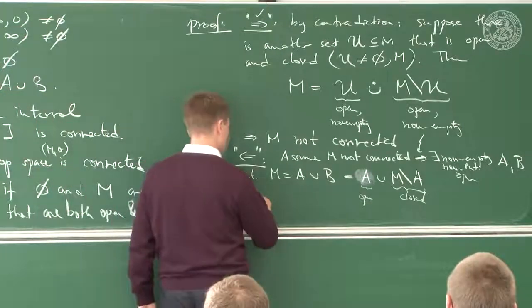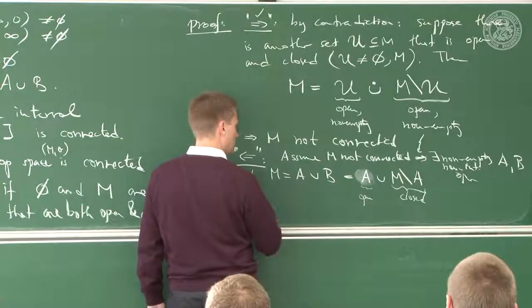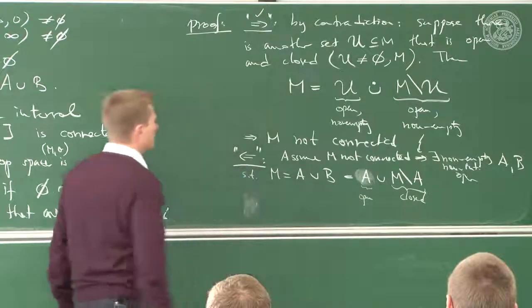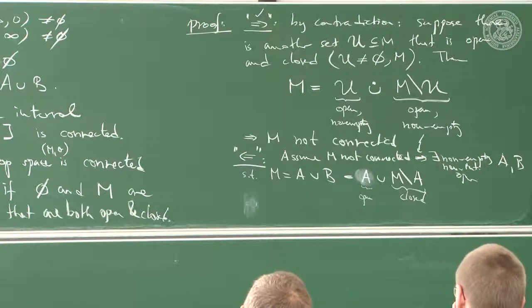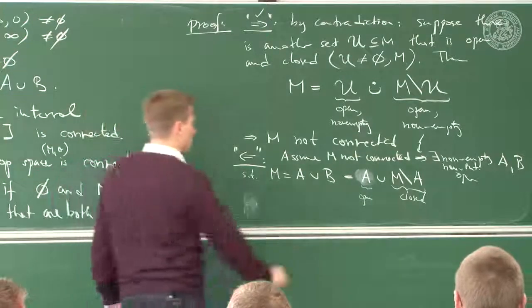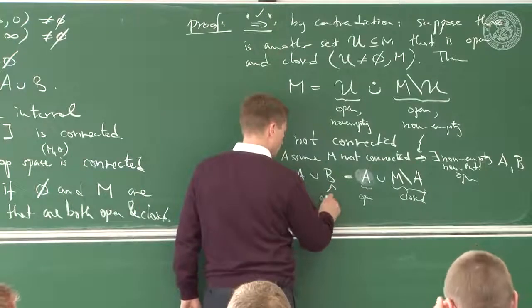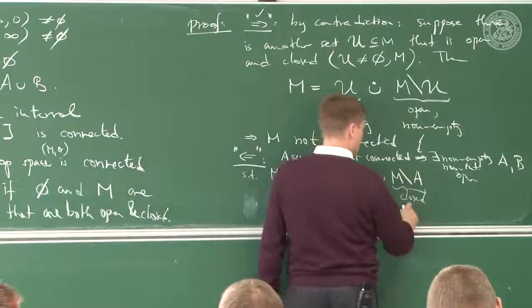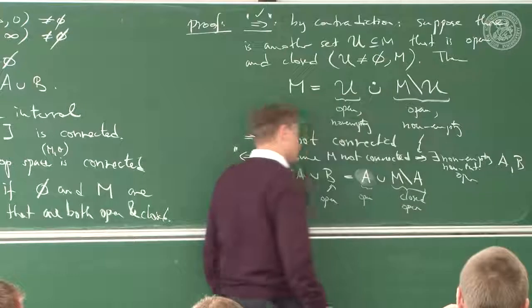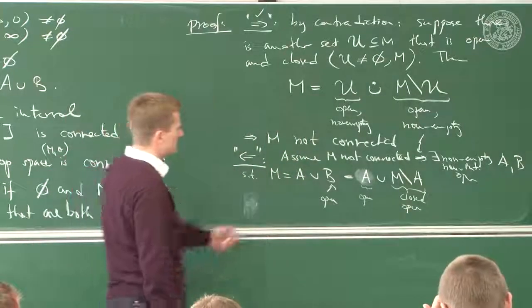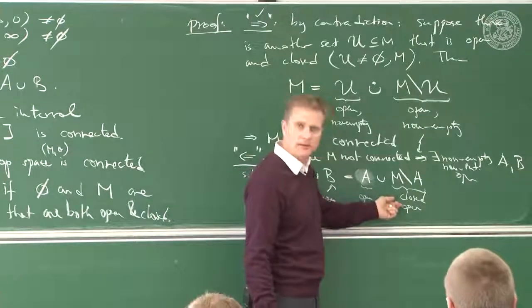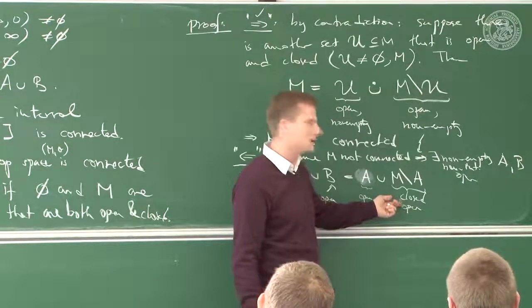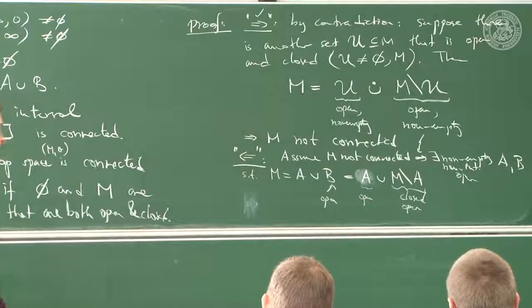Hang on, A must be open, but we already knew that. But B is open. So M without A is closed, but it's also open, because this is B.